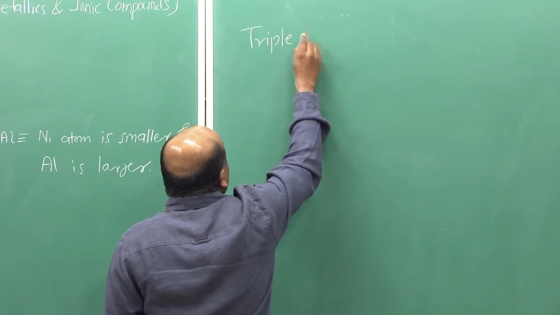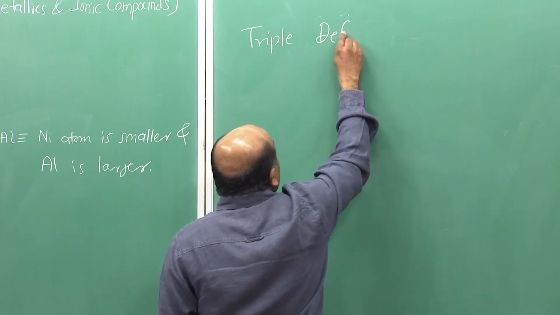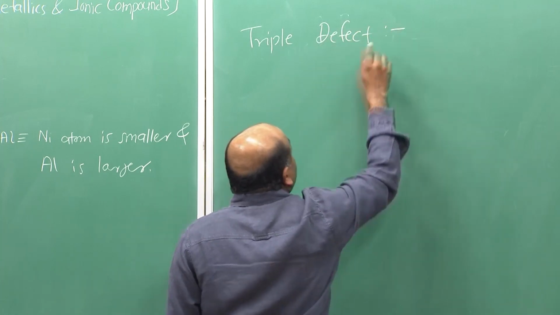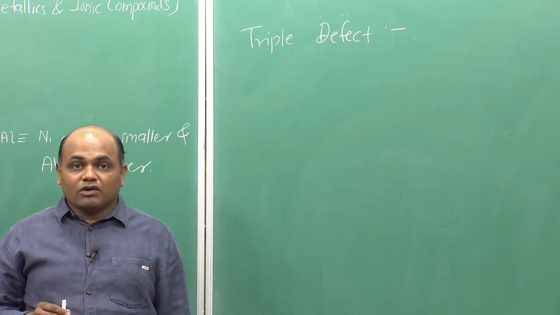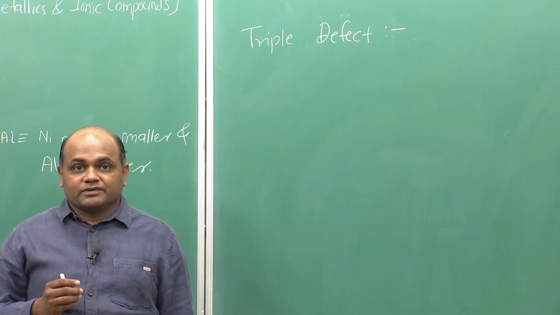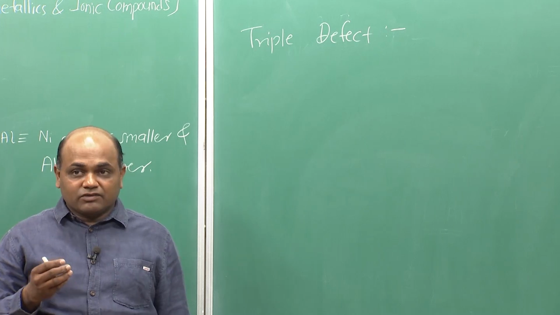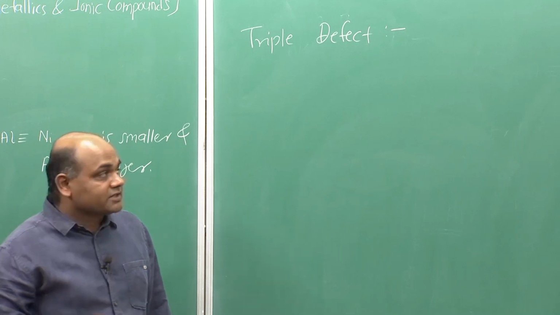Then the next defect is called triple defect. As the name suggests, it is a defect complex involving 3 defects. So, there are 2 vacancies involved and 1 antisite.